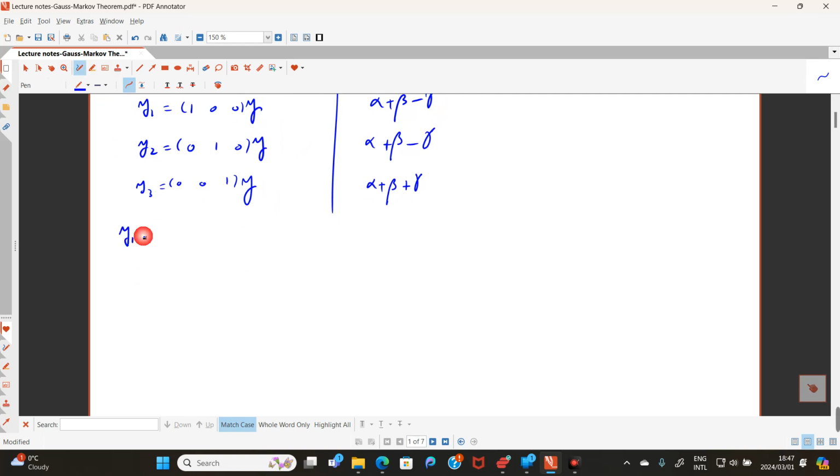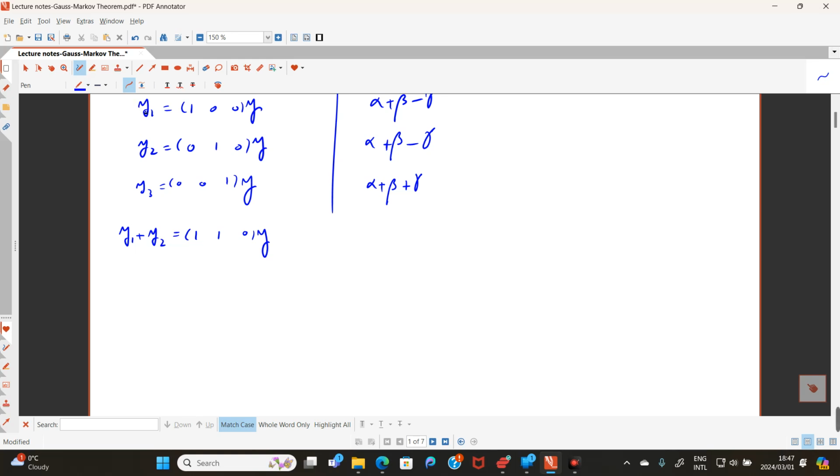Also, if we sum y1 with y2, then we have 1, 1, 0. If y is y1, y2, y3, and you multiply this row vector with y, the result is y1 plus y2, which is a linear function of observations, or better said, a linear function of y.